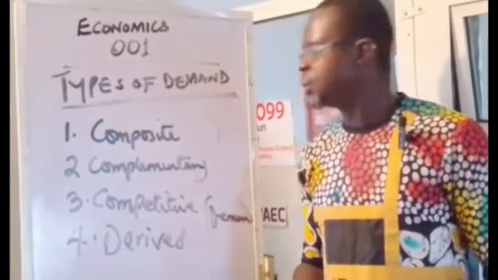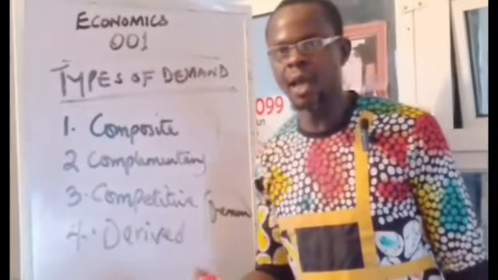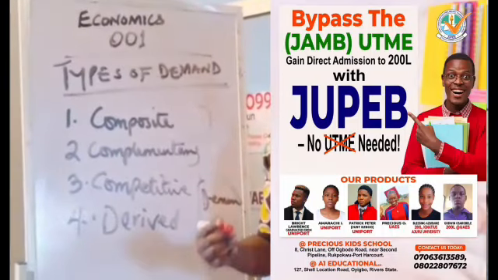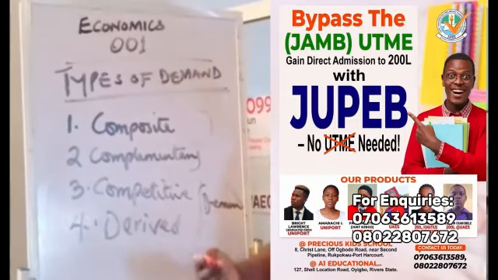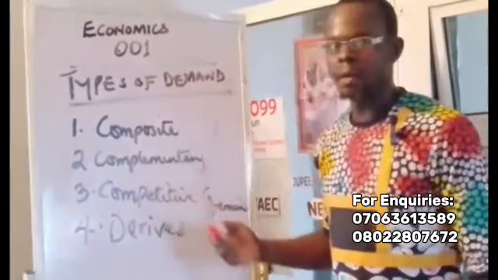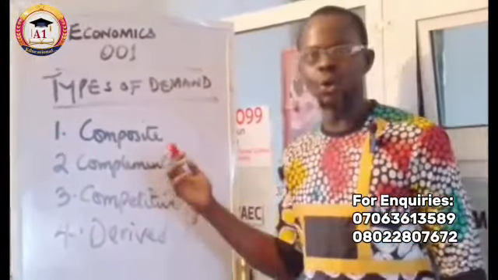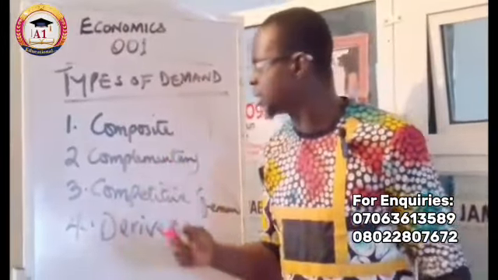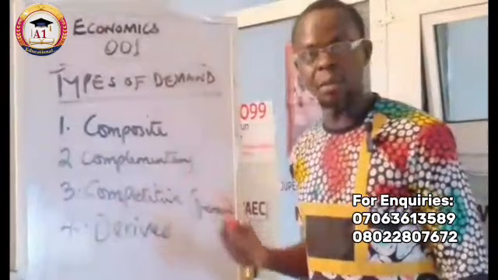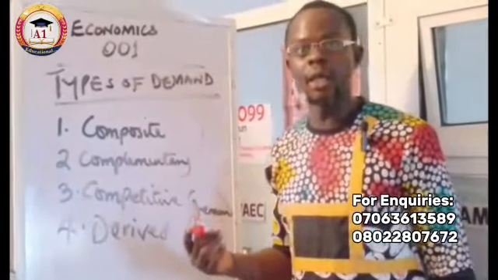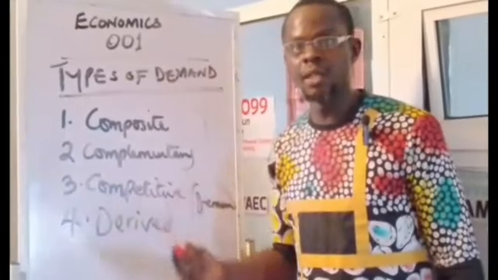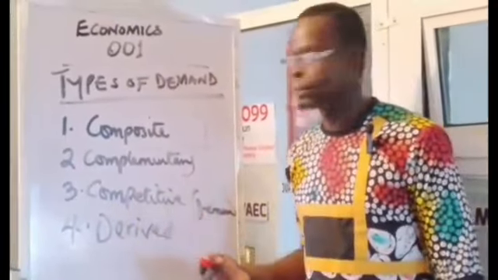Petroleum can be used to produce diesel, fuel, and kerosene and other byproducts. For instance, crude oil is a good example of a commodity that is in composite demand because crude oil can be used to produce petroleum, diesel, kerosene, and a lot more.